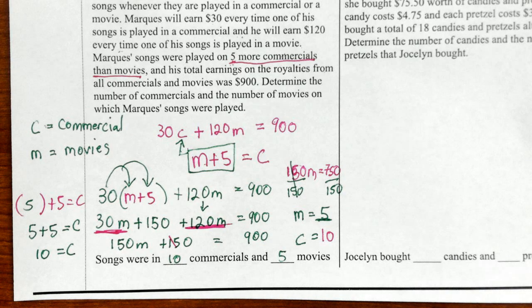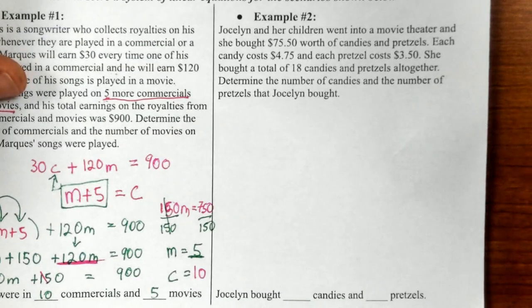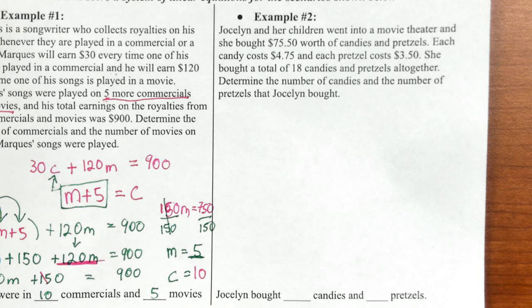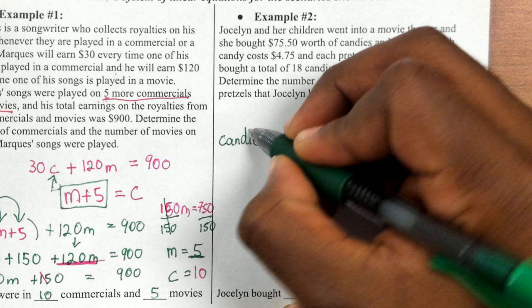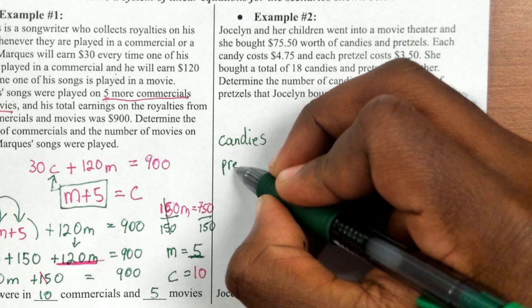So let's do the next question, guys. The next question says, Jocelyn and her children went into a movie theater and they bought $75.50 worth of candies and pretzels. So we're comparing candies and pretzels, okay?